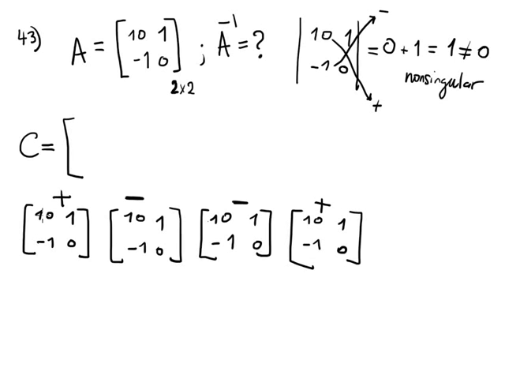So the first cofactor is 0. The second cofactor is -1, but actually it's +1 because negative, negative. Now the third cofactor is 1, is -1. And the last cofactor is +10.